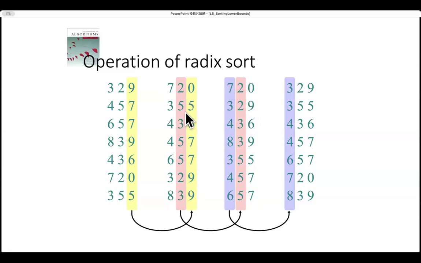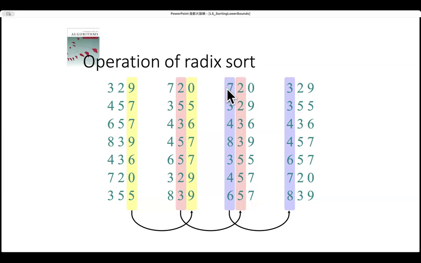Then it's about 3. Obviously 436 appears earlier than 839. And then we have three fives. The first 5 is 355, then the second one is 457, and then 657. So now we are done with the second digit.